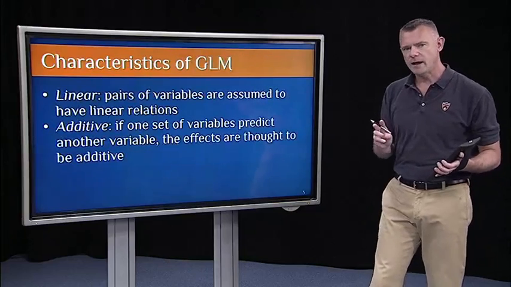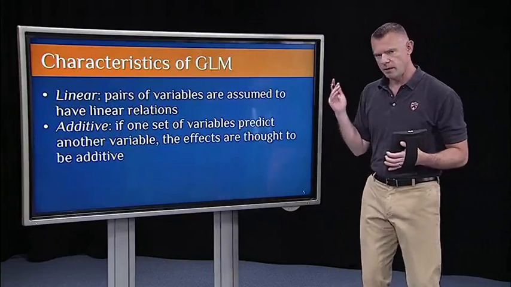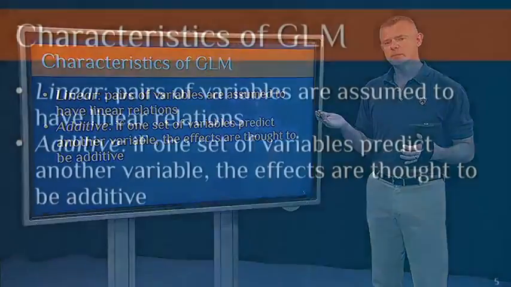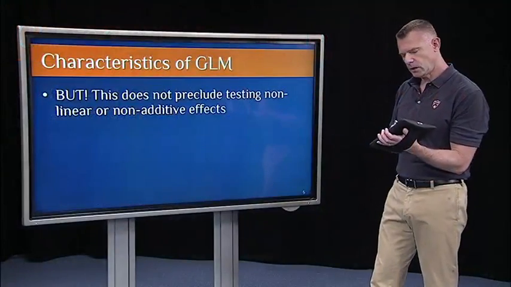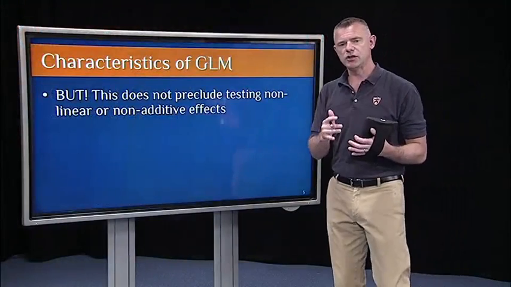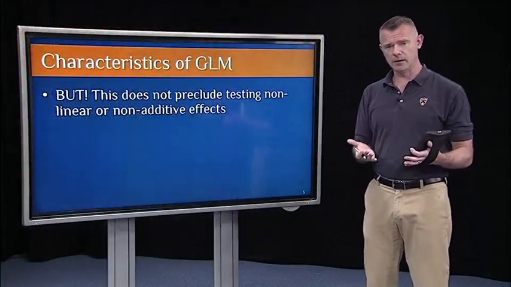So there are two main characteristics of the general linear model. One, we assume linear relationships between the predictors and the outcome measure, that is, between the x's and y, and two, we assume that the effects of each predictor are additive with one another. But that doesn't mean that the GLM can't handle non-additive or non-linear effects.